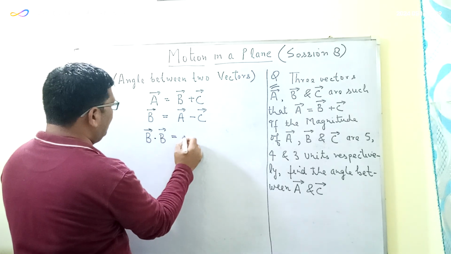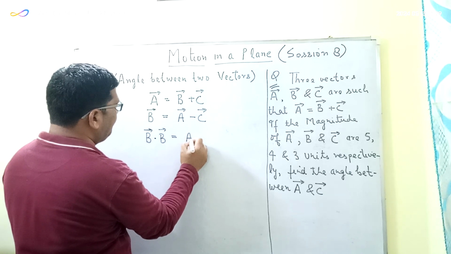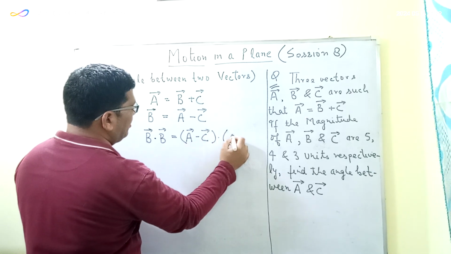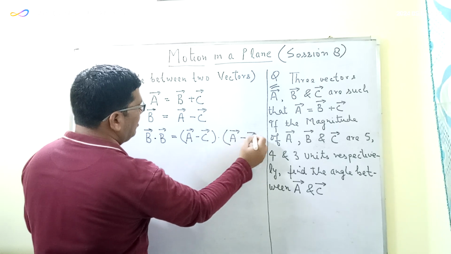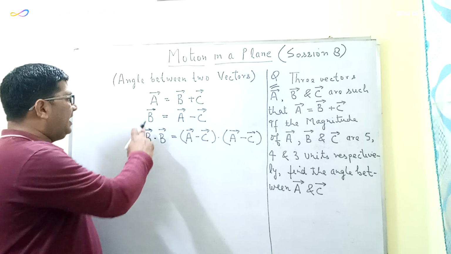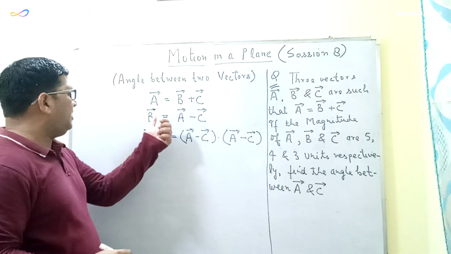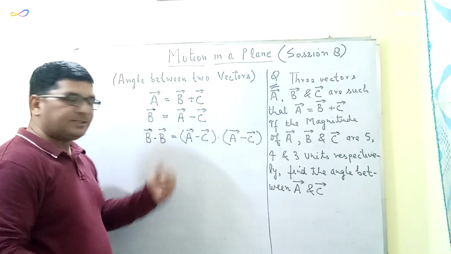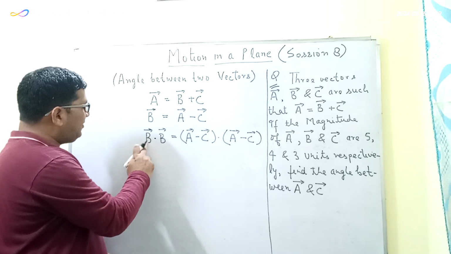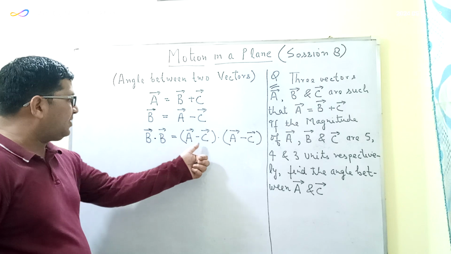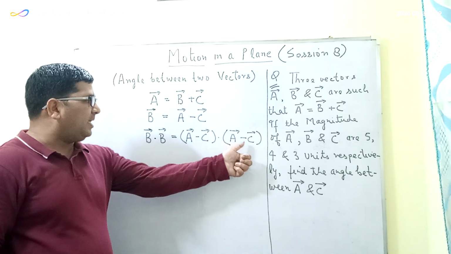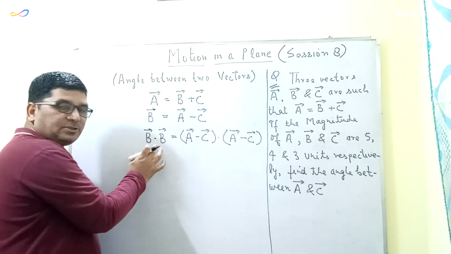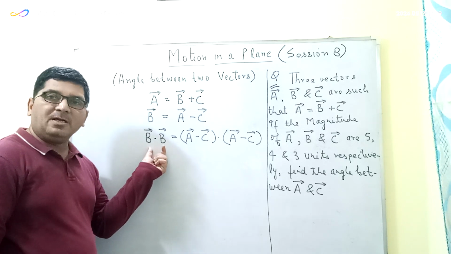Here I have squared the equation, that is vector B is equal to vector A minus vector C, on both sides, and finally what I have got is vector B dot vector B equal to vector A minus vector C dot vector A minus vector C. Both sides are the dot product, or the scalar product, of two vectors.